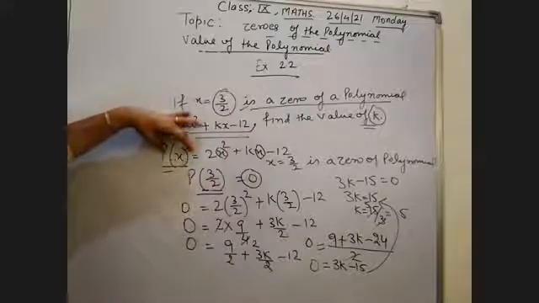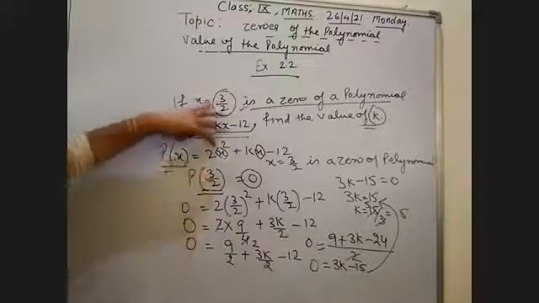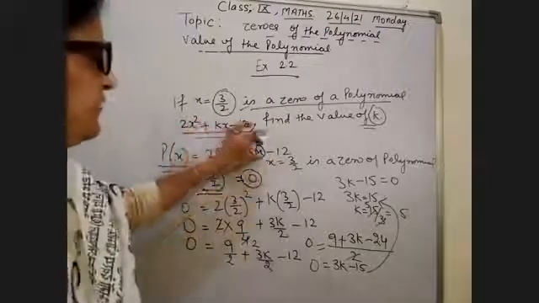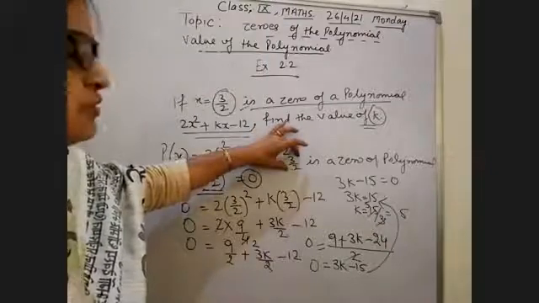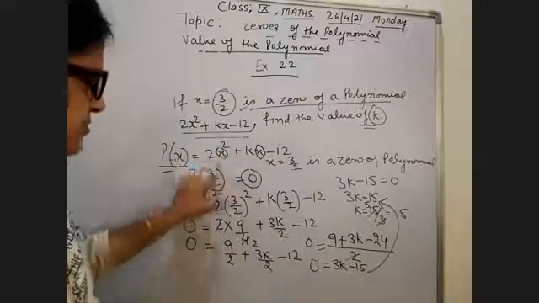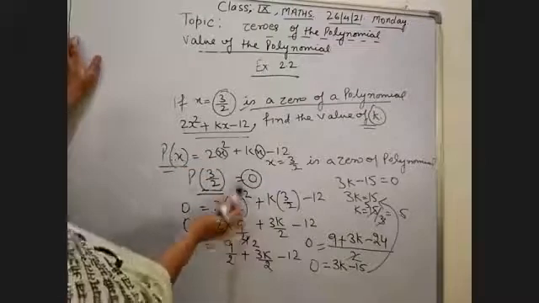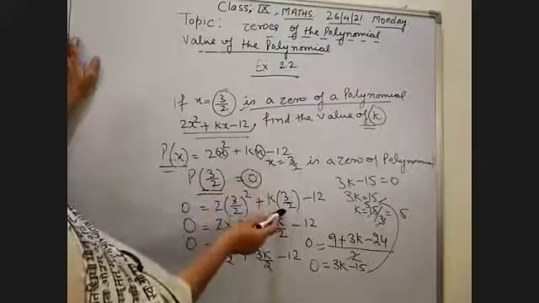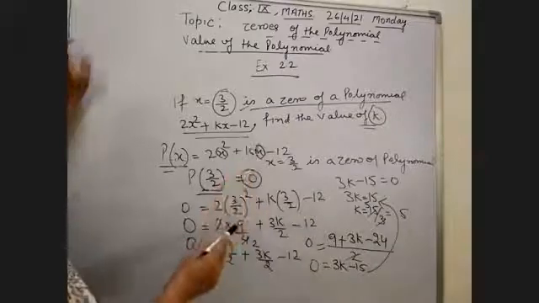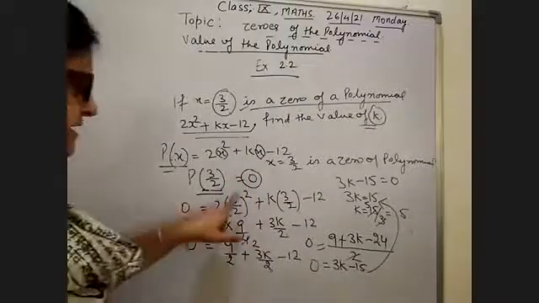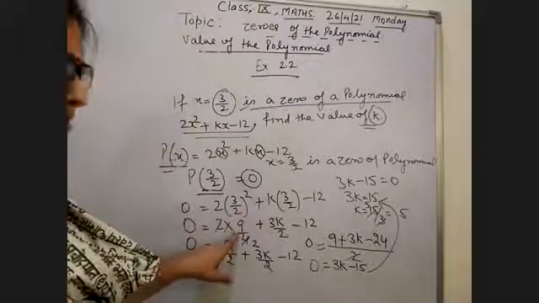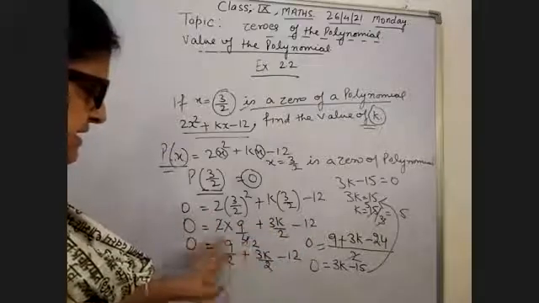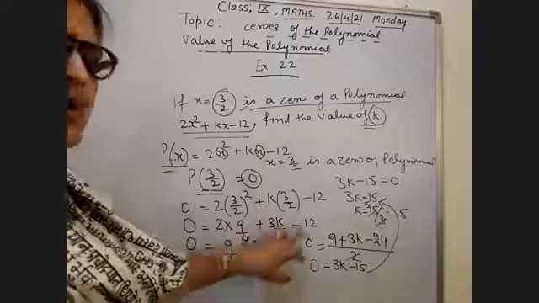So in place of the polynomial we put 0, and in 2x square plus kx minus 12, I put 3 upon 2 raised to the power 2, plus k times 3 upon 2, minus 12. Solving this, 3 upon 2 squared is 9 upon 4, plus 3k upon 2 minus 12. By cancelling, 9 upon 2 plus 3k upon 2 minus 12.